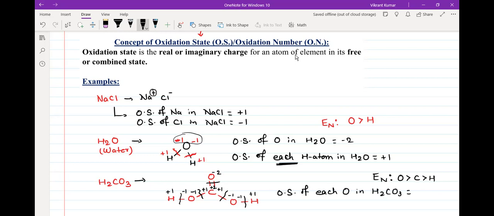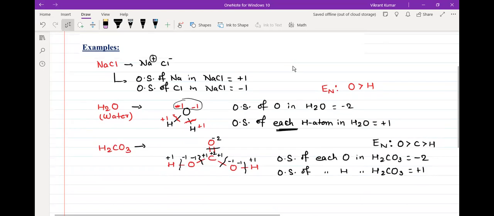It is -2. Wherever it is coming, it is coming as -2, right? So that's why we'll say -2. When I'm talking about the oxidation state of each H in H2CO3, it is +1. And if I ask you the oxidation state of carbon, there is just one carbon, so it is +4.